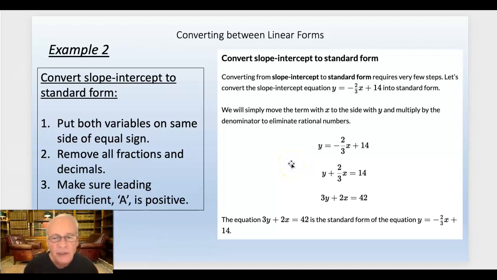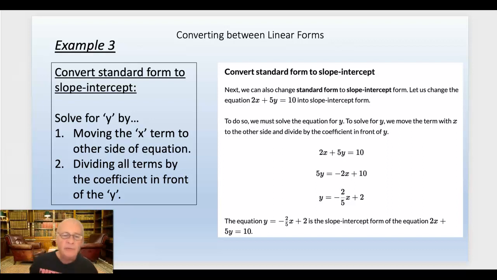Remove all fractions and decimals, right, by multiplying times the least common multiple of the denominator. Just multiply it times the denominator, right, because there's only one. And then make sure the leading coefficient a is positive. In this case, guys, I would write this where the 2x is first. 2x plus 3y. I would write it like that. Okay?